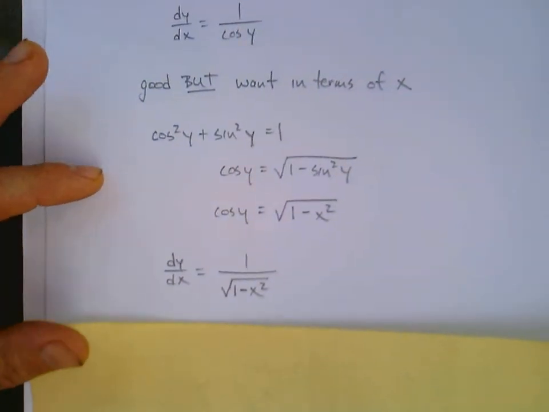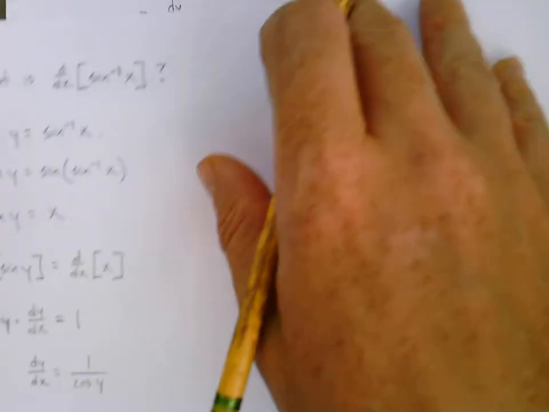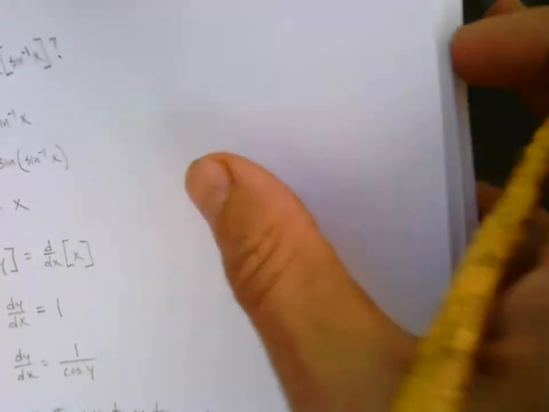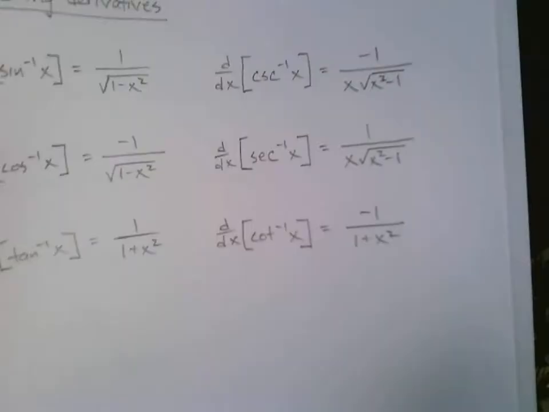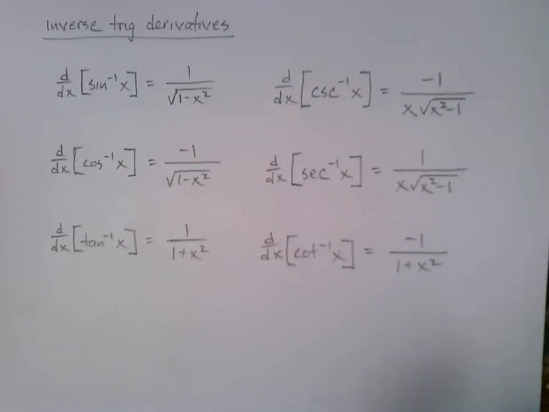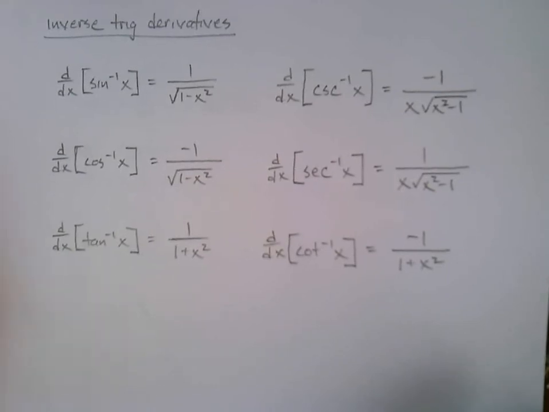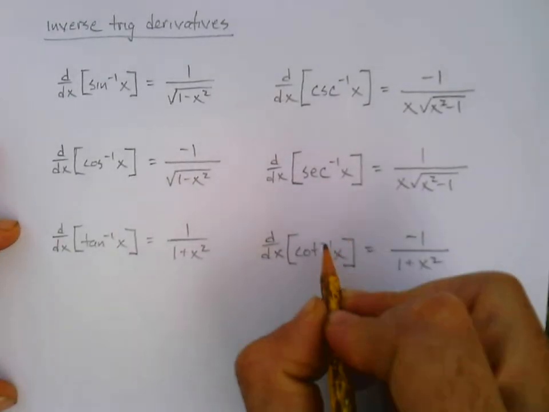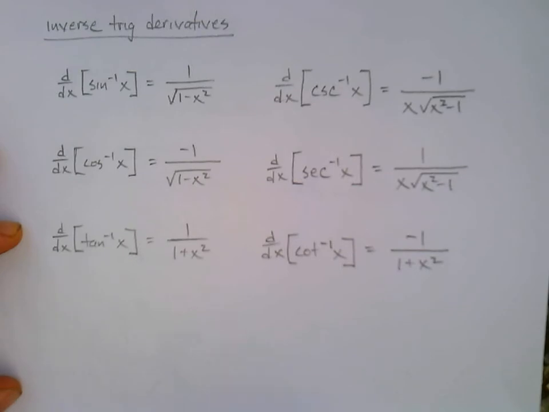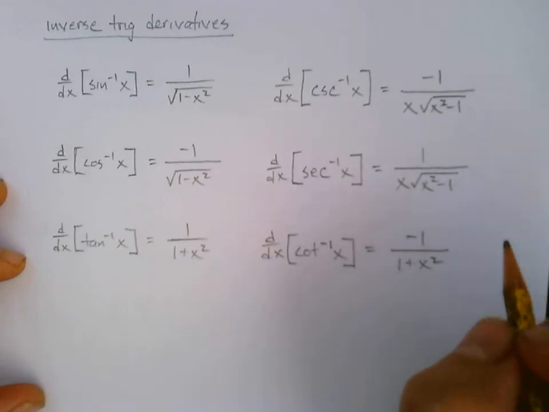I'm just going to tell you the rest, save you the suspense. Here they are. The inverse trig derivatives. Let's talk through them. There's a lot of writing there. You might want to pause.